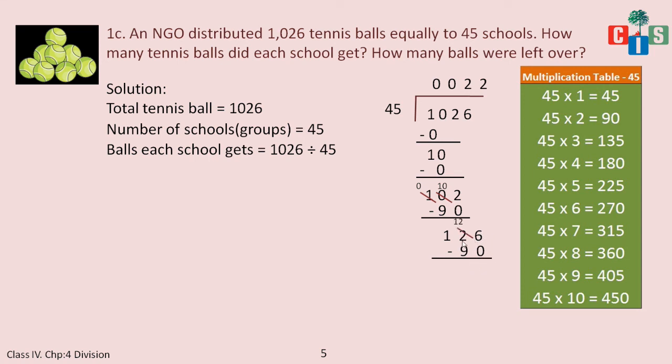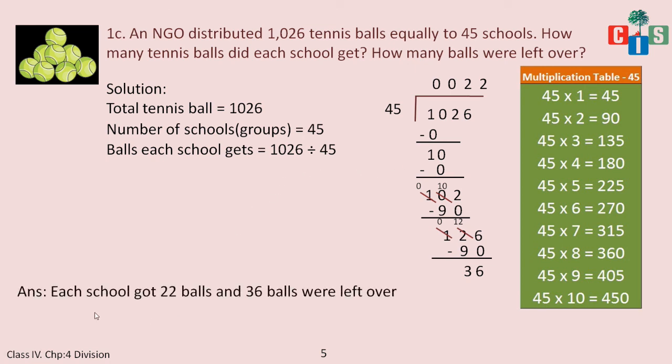Sorry, and then for this 2, you have to subtract 9 from 2, so that's not possible. So we will cut and change it to 12, and this one will be reduced to 0. Okay, then 6 minus 0 is 6, and 12 minus 9 will give me 3. So my answer is 36. Okay, so this is the remainder, and the quotient is 22.